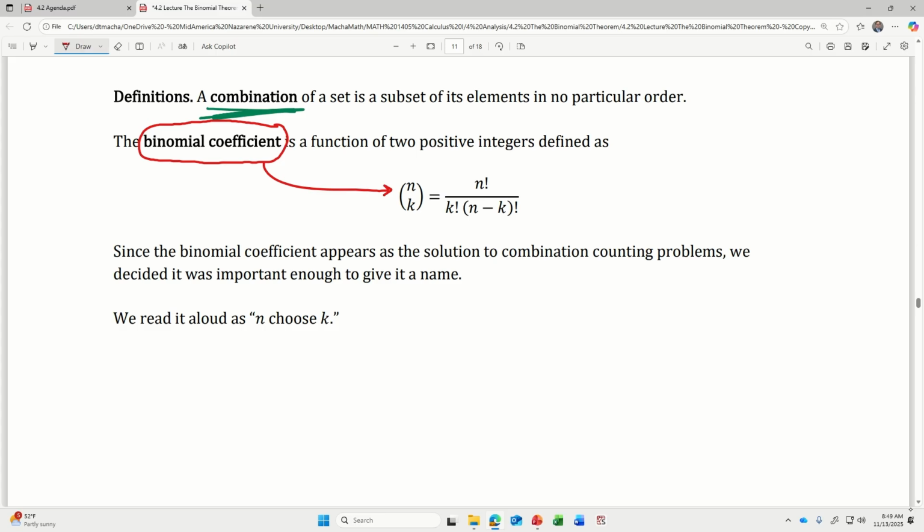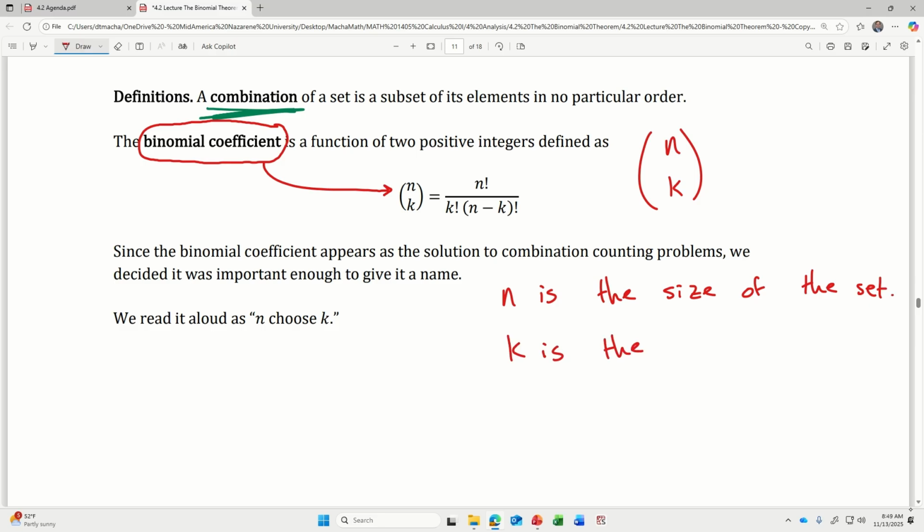But the binomial coefficient is written like this. n is the size of the set, and k is the size of the subset. So like n is 12 golfers, and k is 4 golfers in the starting group.